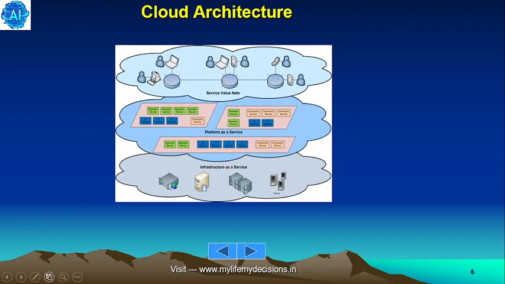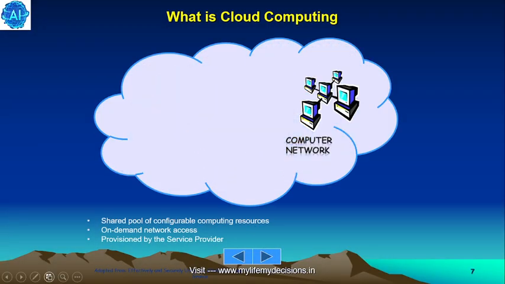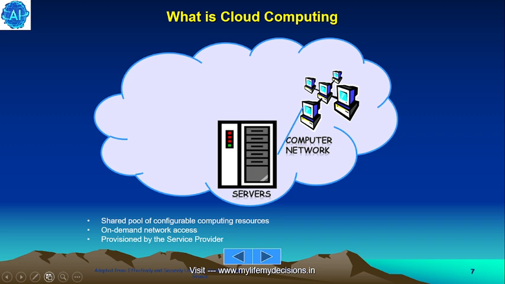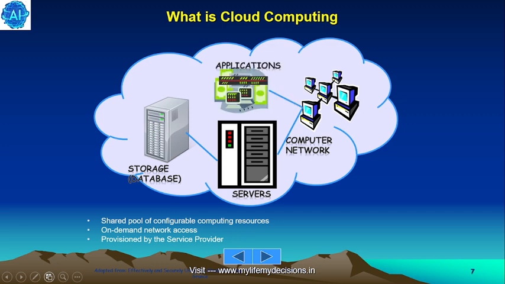Cloud architecture. Now, what is cloud computing? That is what we have learned earlier. And now here we are going to see what is the kind of architecture of this cloud computing. So you can see it is shown with the help of a block diagram where you can see the services, the applications, computer network, servers, and storage database, which are all a shared pool of configurable computing resources, on-demand network access, and provisioned by the service provider.